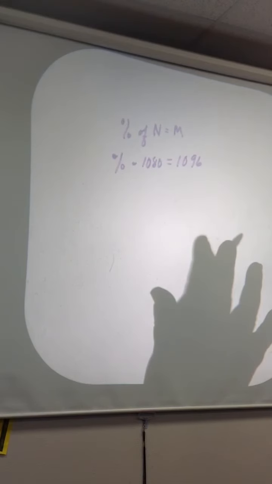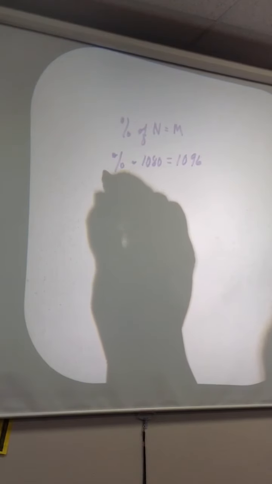What would you do, Chris? Come on, Becky, what would you do? All right, Bradley, what are we going to do? So we divide 1,080 into 1,096.